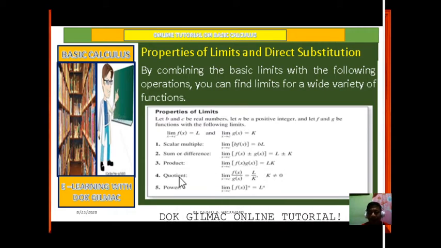And we have the quotient property of limits, the limit of f of x over g of x as x approaches c is simply equal to L over k. Take note, k must not be equal to 0. Otherwise, this must be undefined. Then we have the power property of limits, the limit of f of x quantity raised to n as x approaches c is simply equal to L raised to n.